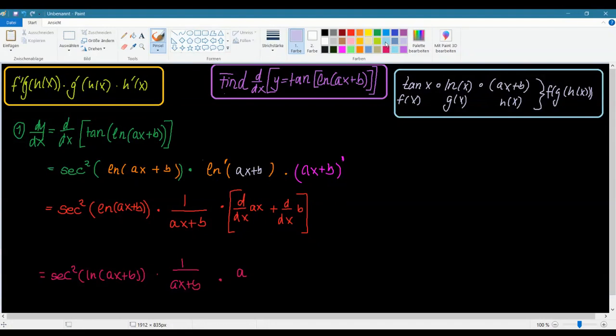Our solution, dy over dx, which is the derivative, which is the slope of the tangent line, like writing y prime, is secant squared of ln ax plus b times a over ax plus b. And that is our solution.